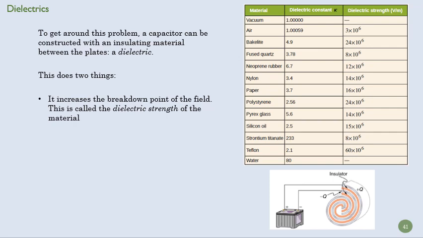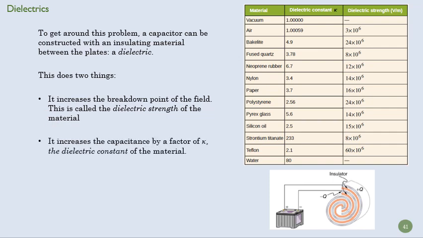Different materials have a different dielectric strength, and you can see that over here. So air's is 3 million, right? While other materials are as high as 24 or 60 million.